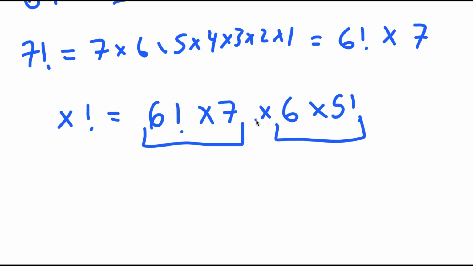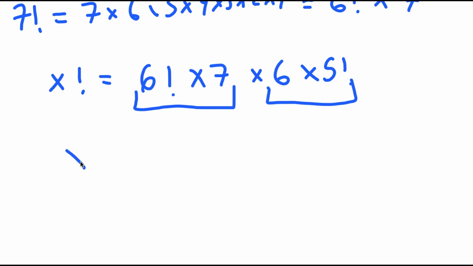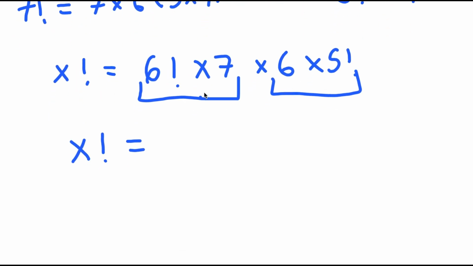Well, from here we can actually expand this a little bit. So 6 factorial times 7, again, is 7 factorial.